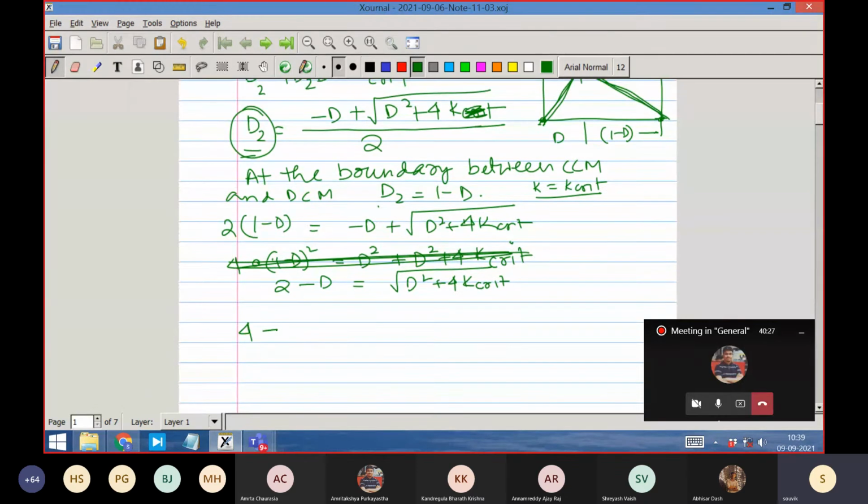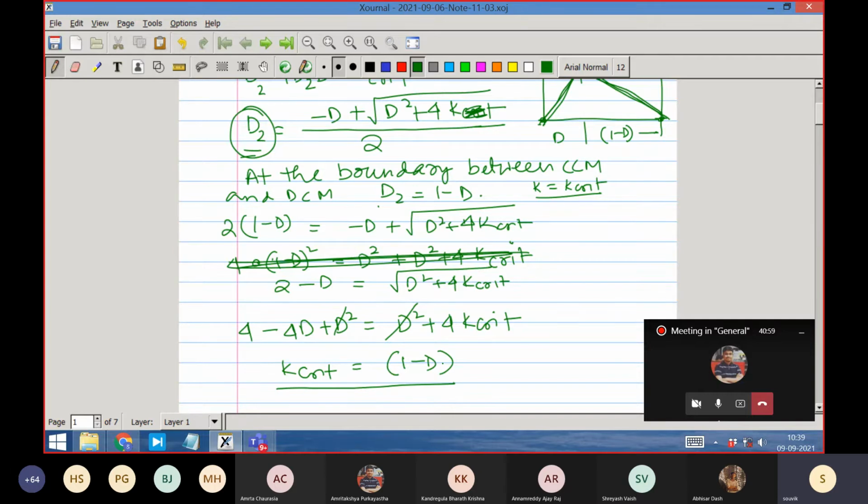So 4 minus 4D plus D square is equal to D square plus 4 K crit, right? So D square cancels, 4 cancels. So K crit is equal to 1 minus D, right?